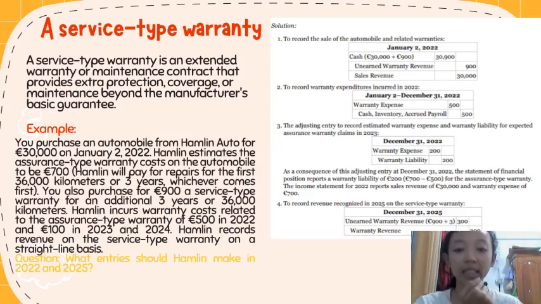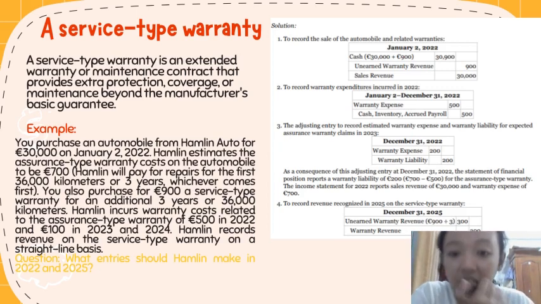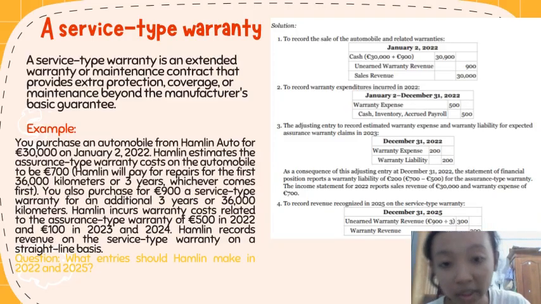I will give you an example. You purchase an automobile from Hanlim Auto for $30,000 in January 2022, and Hanlim estimates the assurance type warranty cost on the automobile to be $700. Hanlim will pay for repairs for the first 36,000 kilometers or 3 years, whichever comes first.